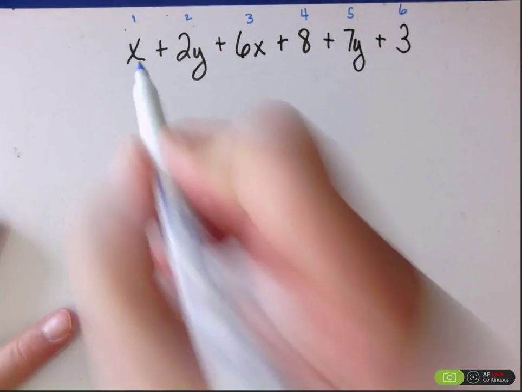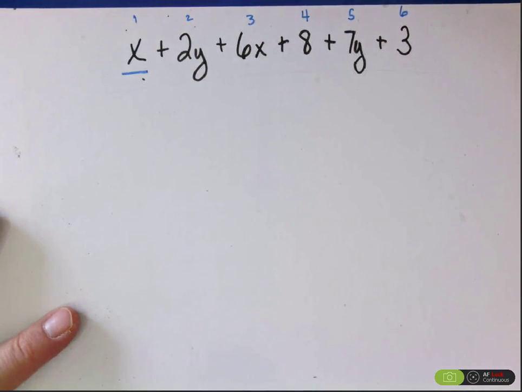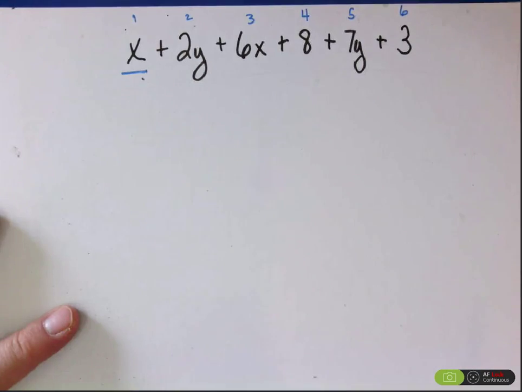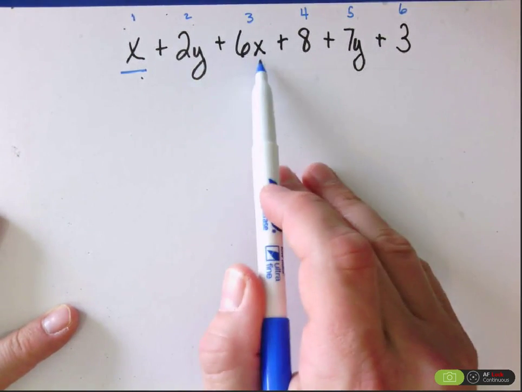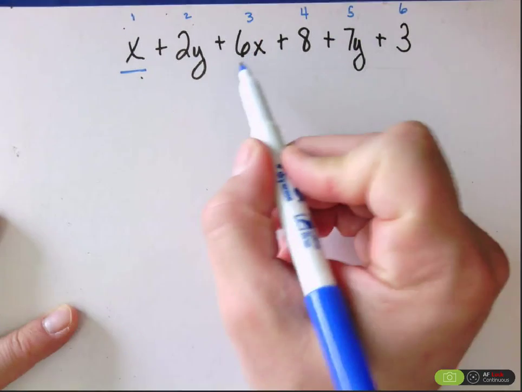So the first thing we're going to do is look at our first term. It's x. And we're going to look for another variable raised to the same exponent, which in this case is not raised to anything other than just 1. Okay, so y is not the same as x. X is the same as x, and it's not raised to another power. So this works.